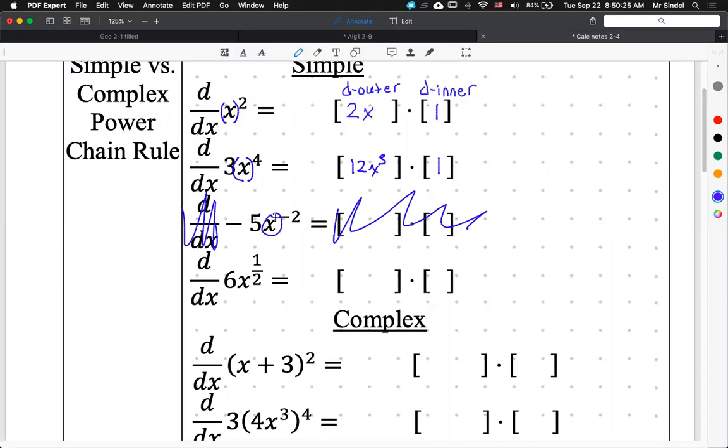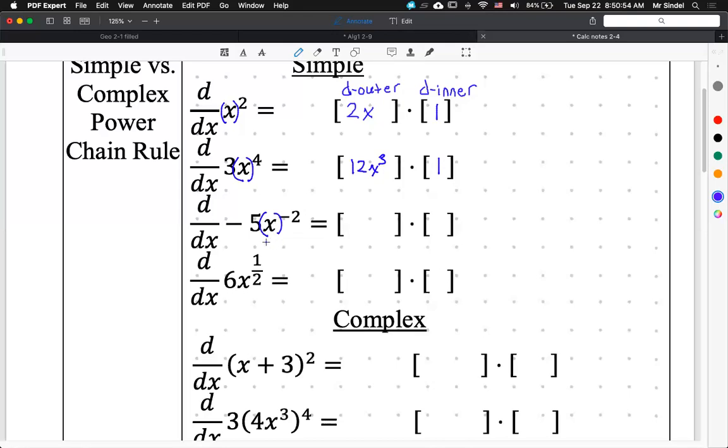What is the inner of this function? Negative 5x. No, not quite. It's going to be the most inside thing, and I've put it in parentheses up here and here. So this is the inner, this is the inner. Our inner is going to be x. It's just going to be x again.